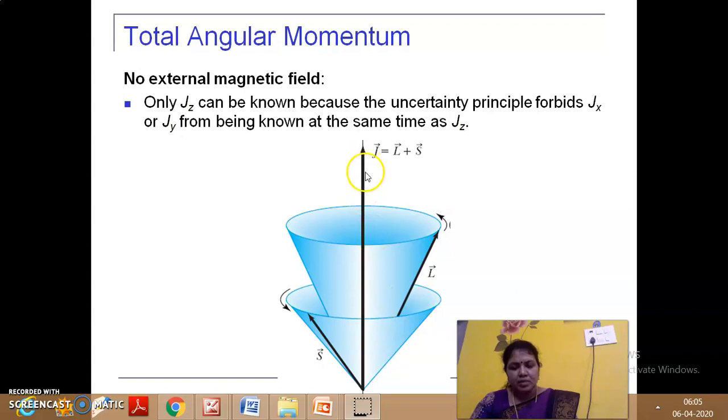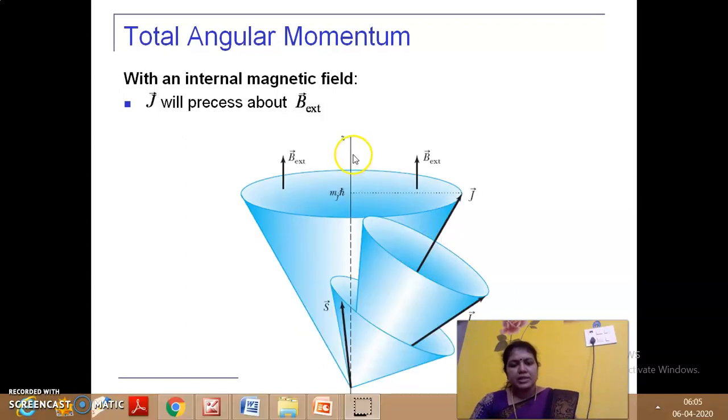So the total angular momentum would be just a combination of these two, and it will precess in a direction which is along the summation of L and S. Now, when there is an application of an external magnetic field, the total angular momentum is no more along the direction of the simple combination of L and S, but it precesses in the direction of the external magnetic field.